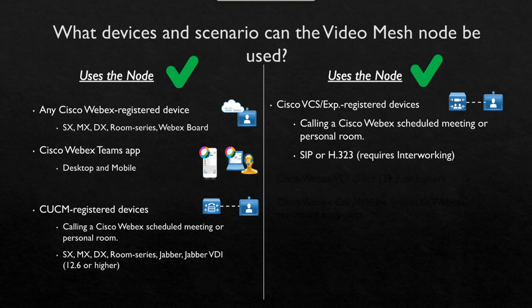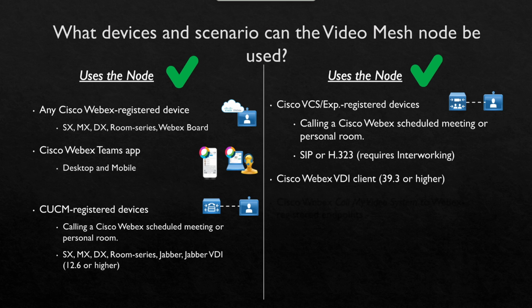Now, you probably don't use H323, but if you are still using it, there is a caveat there. The video mesh node is only set up to use SIP. Therefore, you will have to use the interworking function of your Expressway to convert the H323 signaling over to SIP before it's sent out to the video mesh node. But the calls will still work, right? Can use video mesh node.